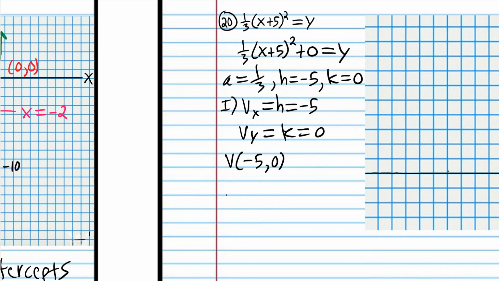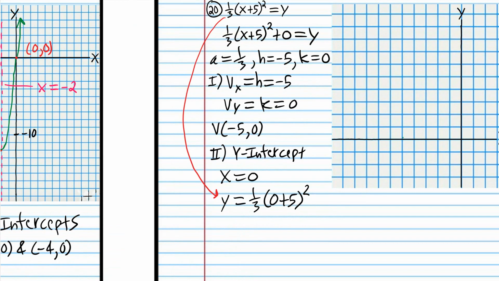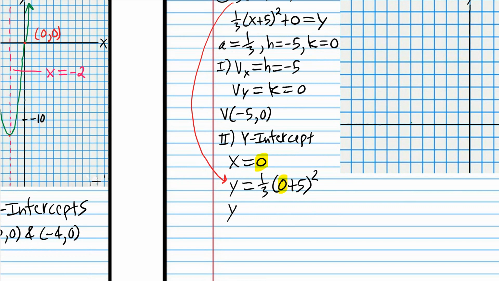Now let's find the y-intercept. In order to do that, as usual, we let x equal 0. And we can plug that into the original equation. So y is equal to 1/3 times (x plus 5) squared, and x is 0. Just to be absolutely clear, I got that 0 from there. So now we just follow order of operations.